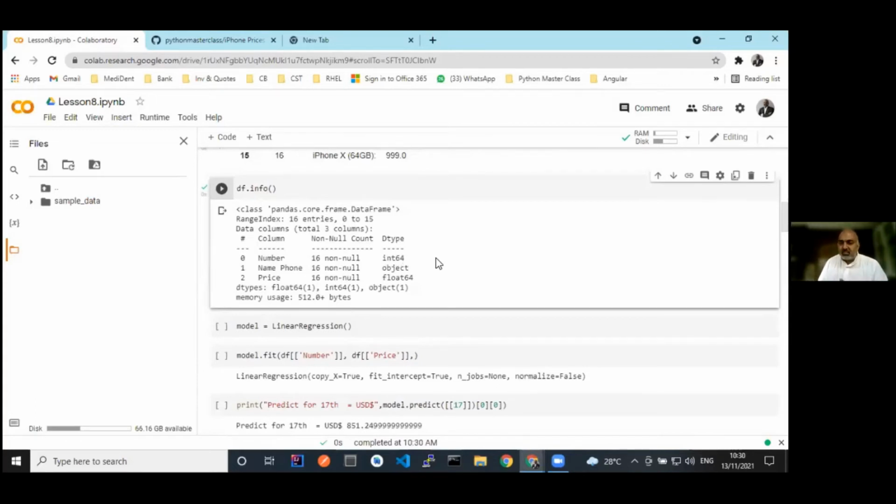What is this 64? The 64 is telling you about the kind of processor that is running behind this web page. It's a 64-bit processor. That means it's got 64 different locations for it to store. So the more bits it's got, the larger the number can be. That's why it's called integer 64.